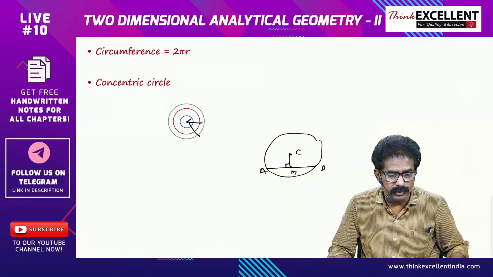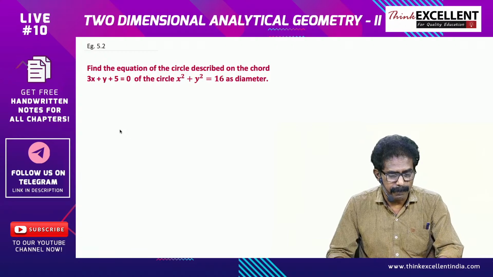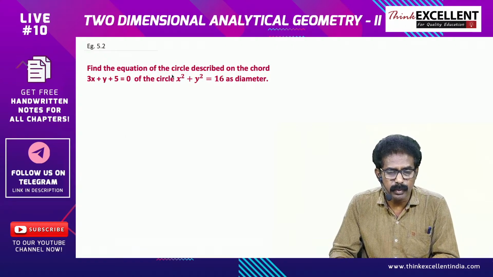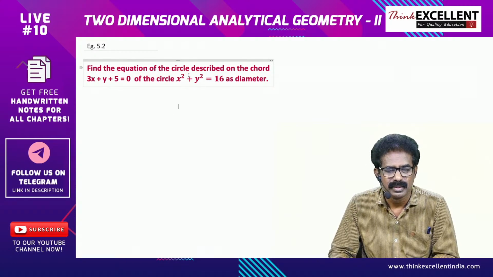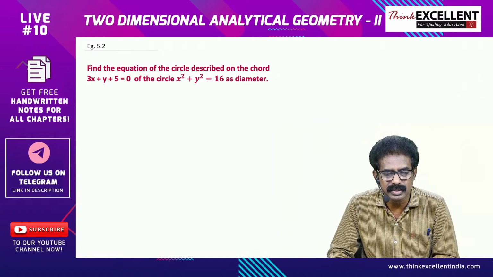Now a few questions. Look at this question. Find the equation of a circle described on the chord 3x plus y plus 5 equals 0 of the circle x square plus y square equals 16 as diameter.